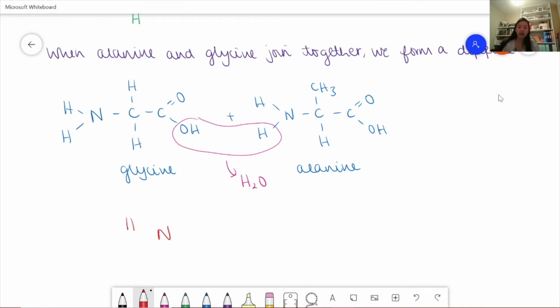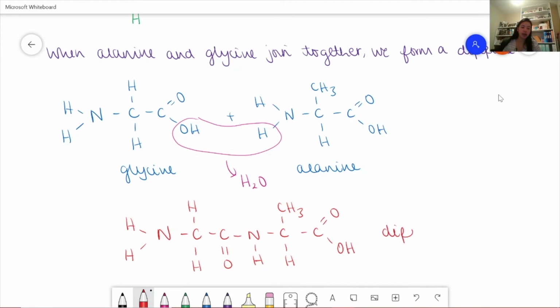So we have NH2, CH2, carbon double bond oxygen, and then I have NH, and then carbon, methyl group, hydrogen, and then C double bond O, OH. So this is our dipeptide.